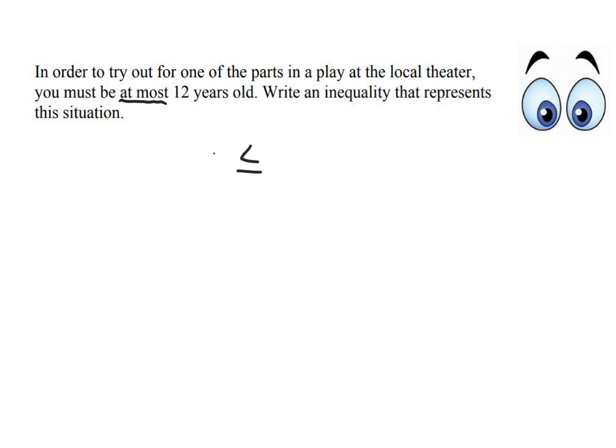So let's say A for age is less than or equal to 12. And then if we were going to graph this, 12, circle would be filled in because you could be 12 or younger, and our arrow points to the left.